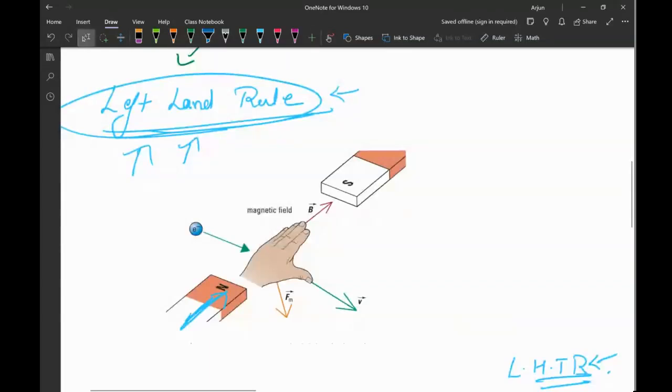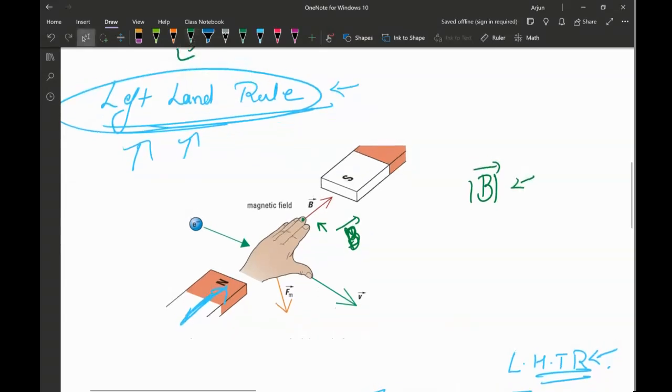Now we will try and understand how the left hand rule works. Your nails will always represent the direction of the magnetic field, the B vector. Magnetic field is always represented by the B vector.